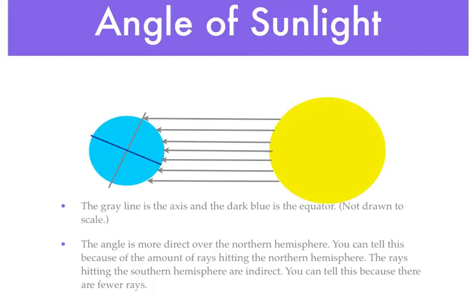And then the arrows at the southern hemisphere, or below the equator, there aren't as many right here. There are only a couple of arrows, and that shows you that there's indirect sunlight. So the sunlight rays are spread out, so we don't get as much sun, or it's not as intense, so it doesn't heat it up, hence the cool temperatures.